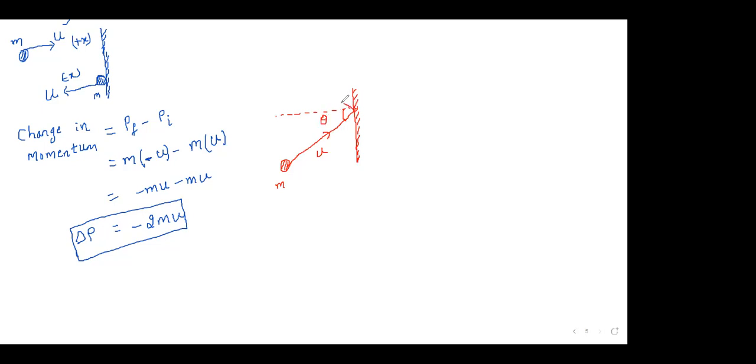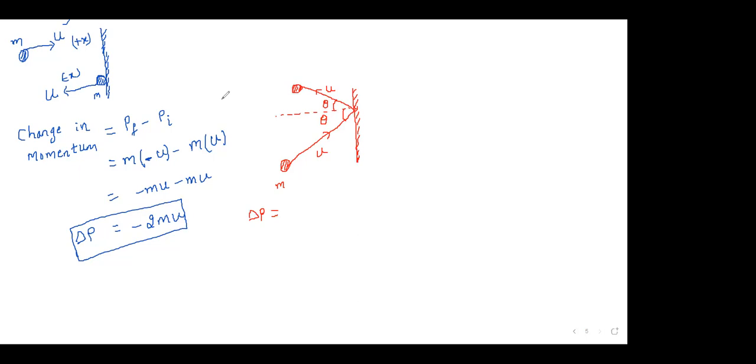Now the ball is going to rebound like this with the same angle theta with the same velocity u. Now, can you tell me what is the change in momentum here?